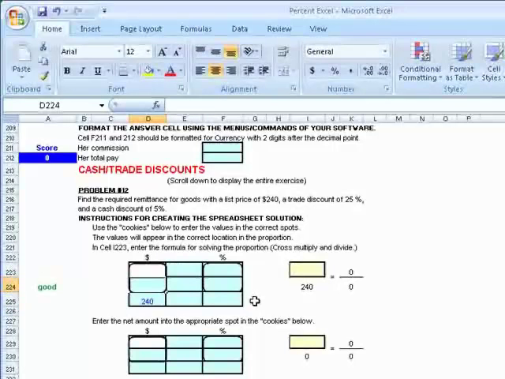Now, we're going to find the trade discount first. So we're going to look for this value up here first, which is the 25% discount, which makes this $100.